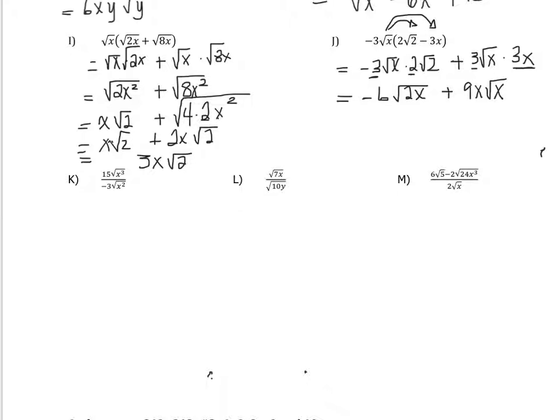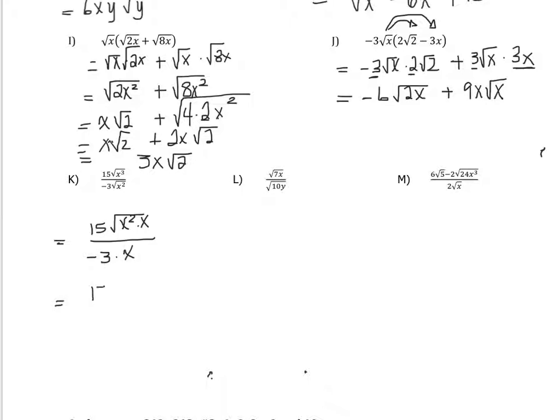All right, so now we're into division. So again, same rules apply, but we're just dealing with variables now. So I would probably break these down first as x squared times x over negative 3, and the square root of x squared would just be x.